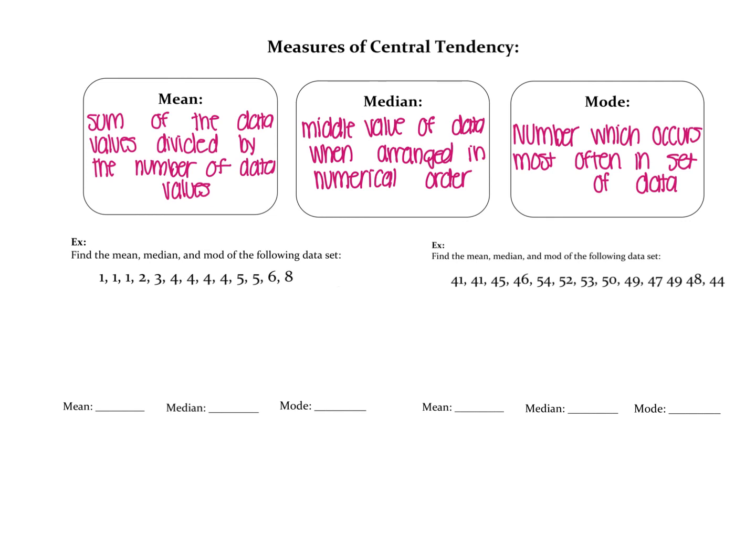This is also what we would consider the average. Your median is the middle number in your set of data when you arrange your numbers in numerical order, from least to greatest. The mode is the number that occurs most often in the set.